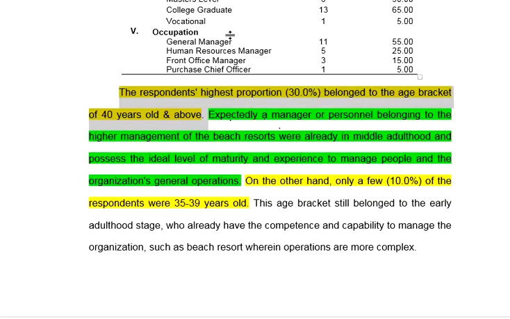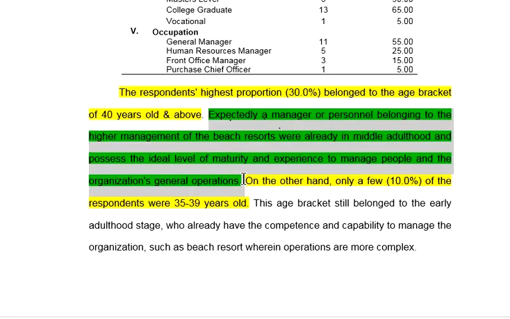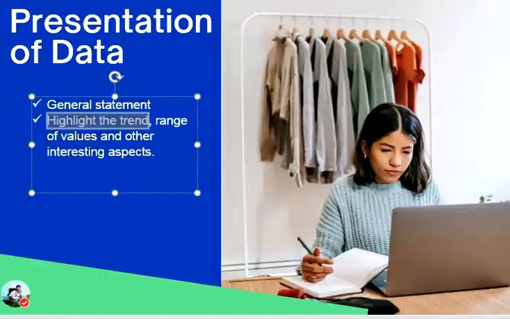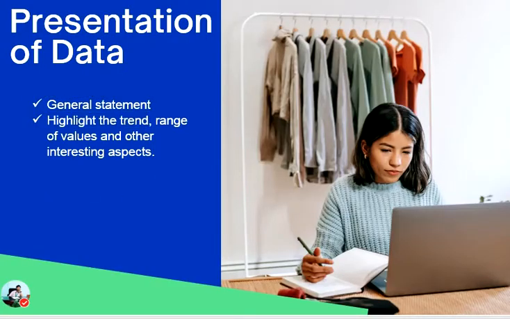This is a table, and then this is a paragraph style of the presentation of the data. And after the presentation of the data in a paragraph form, you will back it up with your interpretation. Again, this must be your own words. Okay, and then let's go back to our previous discussion.